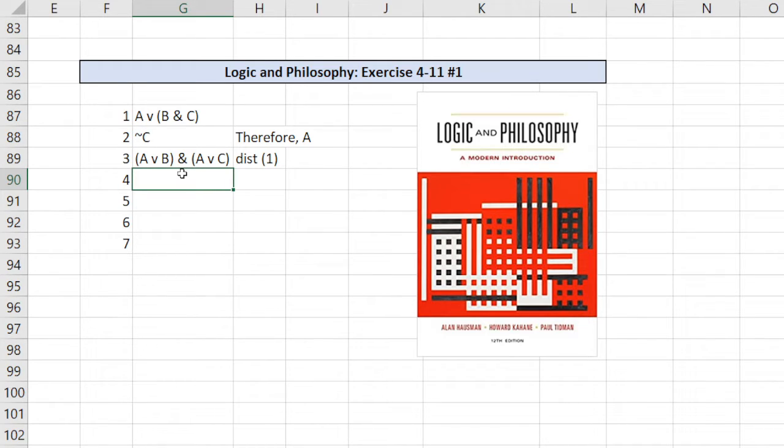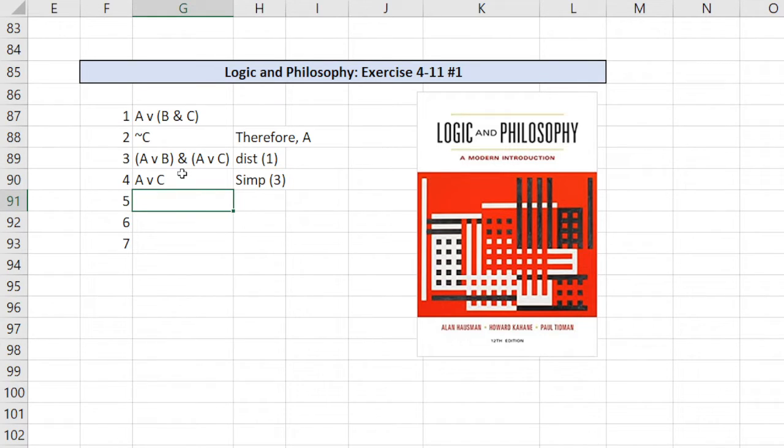Okay, so A or C. Now, the reason we did that, what would that be called? Simplification? Pretty much, it's a conjunction rule. You can maybe put conjunction, depending on the name that you use.